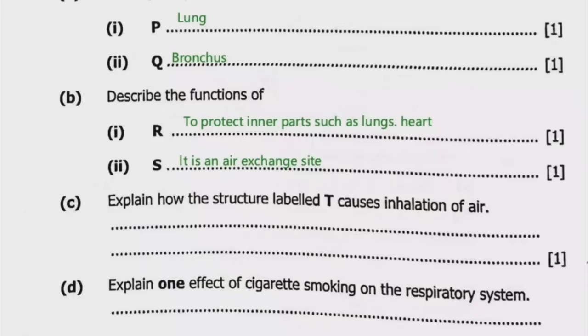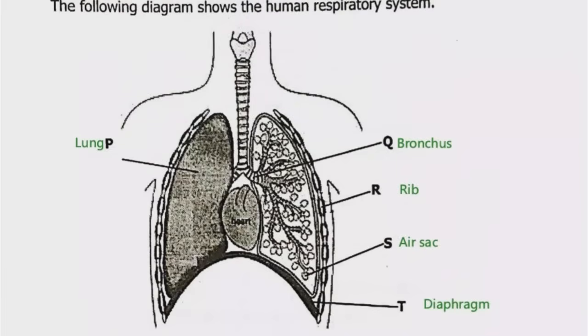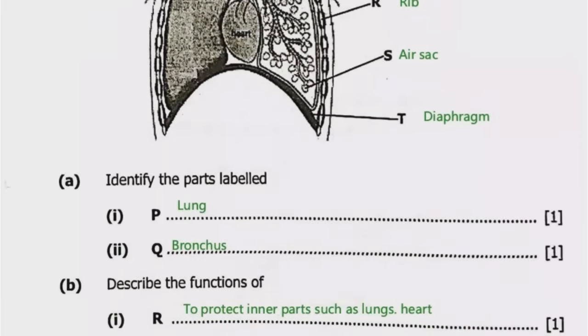Okay, let's go to question 6C, which is explain how the structure labeled T causes inhalation of air. Okay, how does the structure labeled T cause inhalation of air? Let's go back and see what is T. Okay, so T is diaphragm.